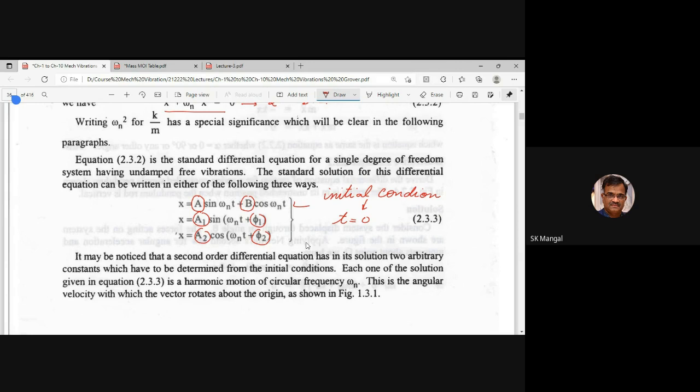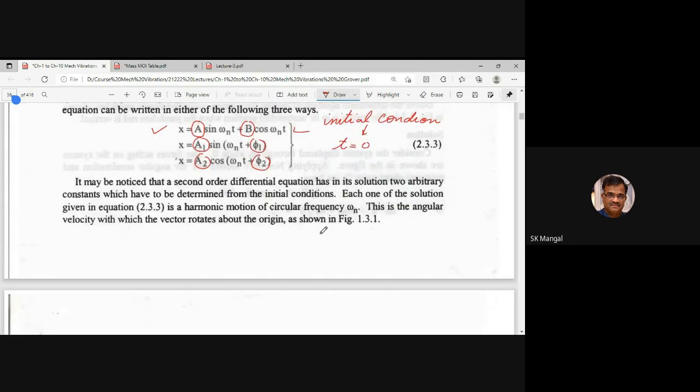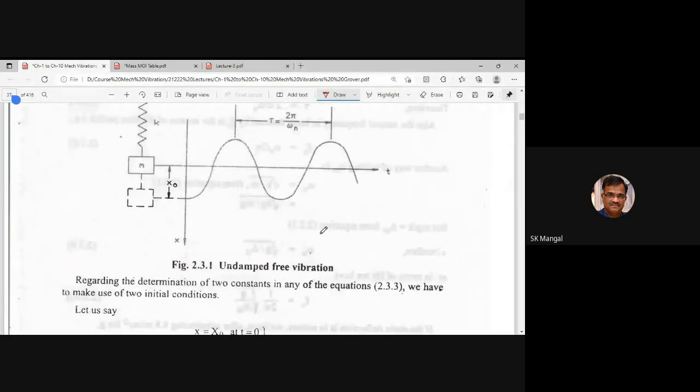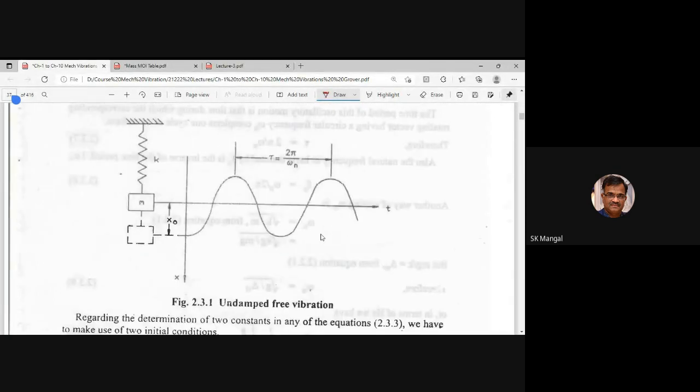Now, generally, people use the first equation to solve this equation of displacement. So now suppose you have this spring mass system. You displace it by x naught initially, and you leave this mass m gently so that the velocity at this point is 0.